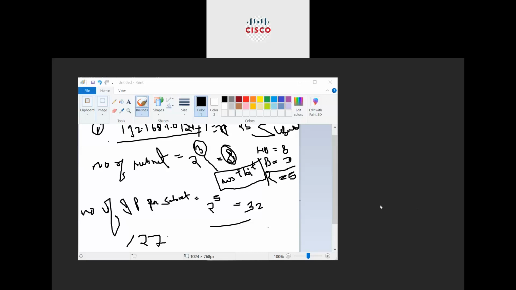The departments could not communicate with each other. So that was the first priority that should be done. So to keep that in mind, we will create the subnets.